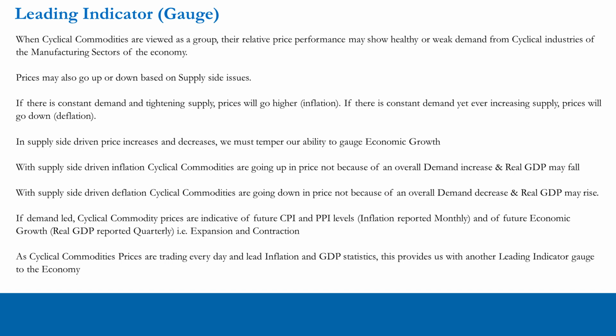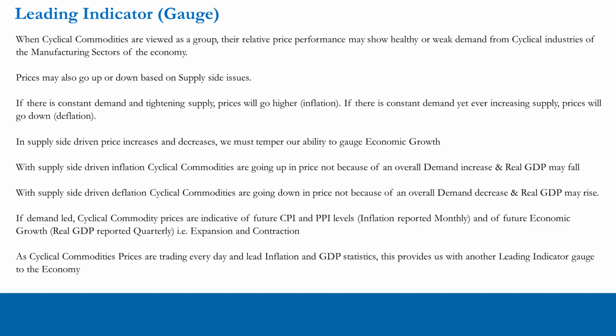So when we have supply side issues in a particular cyclical commodity, and we determine at any one time that this is probably the reason why a cyclical commodity is either going up in price, so inflation, or down in price, deflation, we have to understand that the read across in forecasting real GDP is going to be much weaker than if it was demand-led.